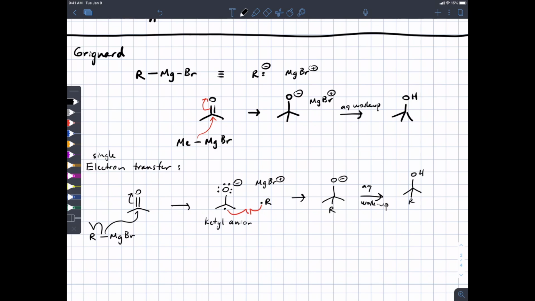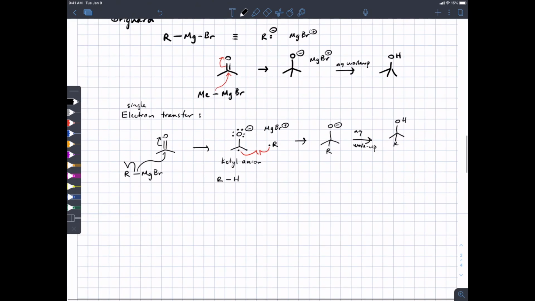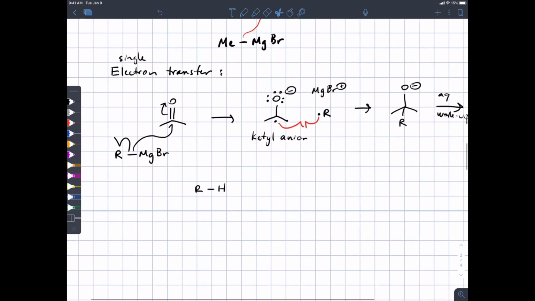So what is the evidence for that? Well, occasionally you will isolate not the R group anion, but rather the alkyl group with a proton on it, which presumably you could have gotten from, I don't know, whatever else this would be.